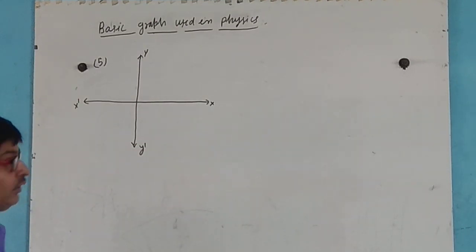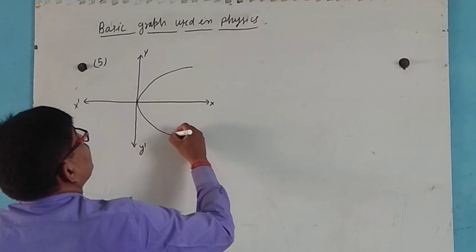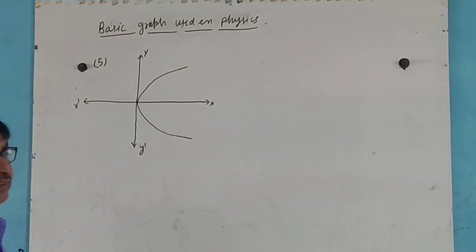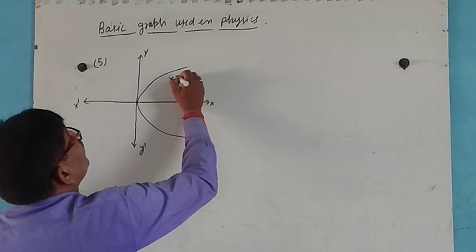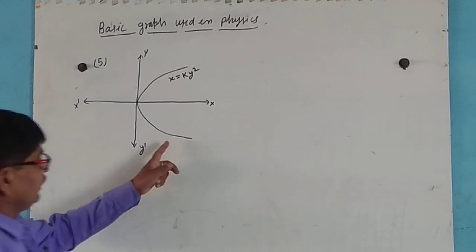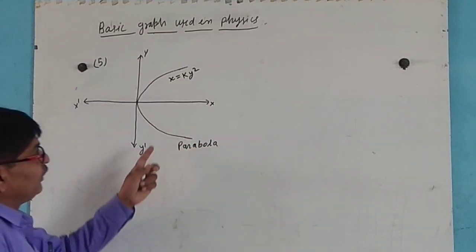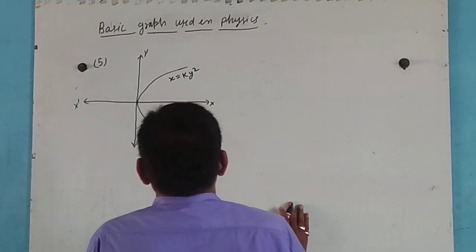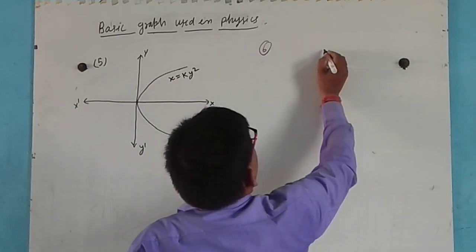This is the origin. Such types of curves, x is equal to ky square, is a parabola. This curve is known as a parabola.